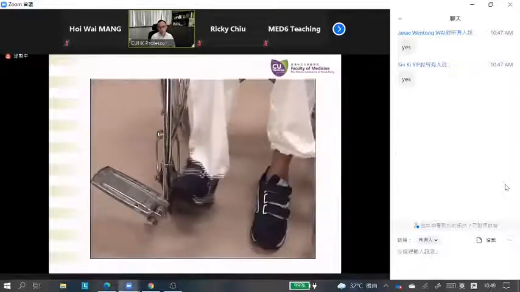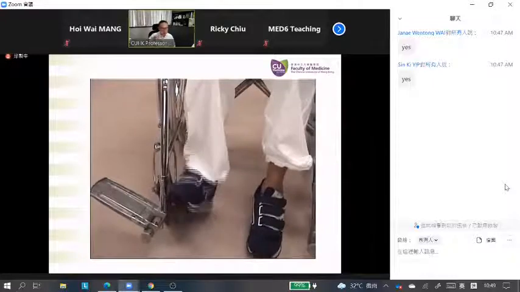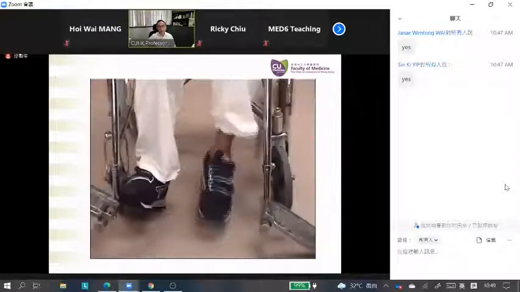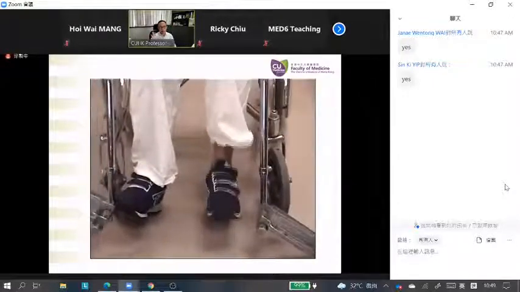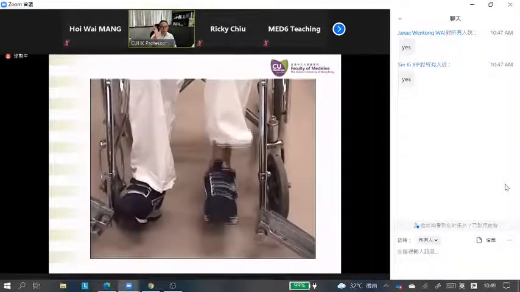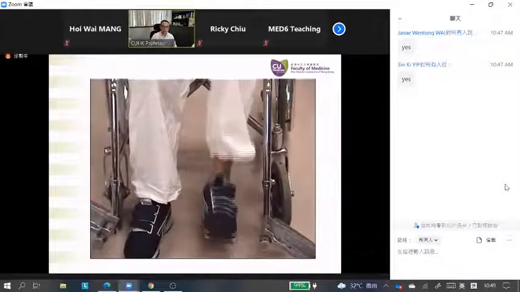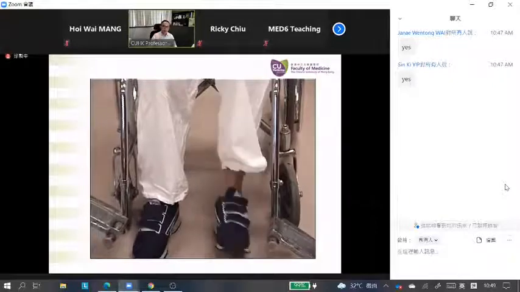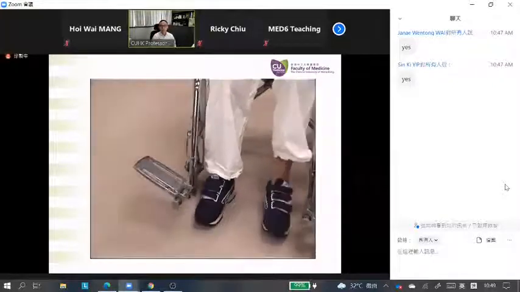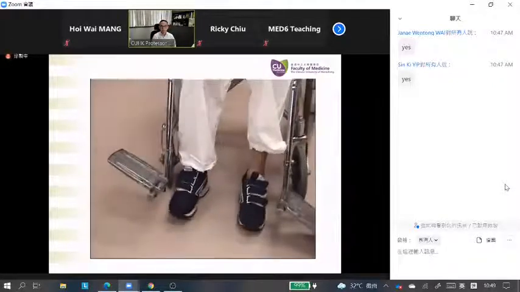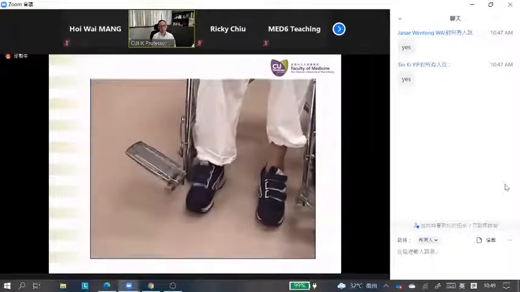This tests the agility of the leg movement: use your heel to lift up a few inches and tap the floor as quickly as possible. Very difficult for the right leg.